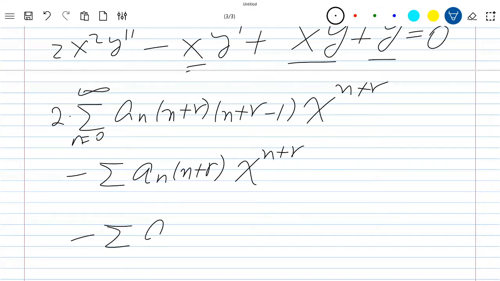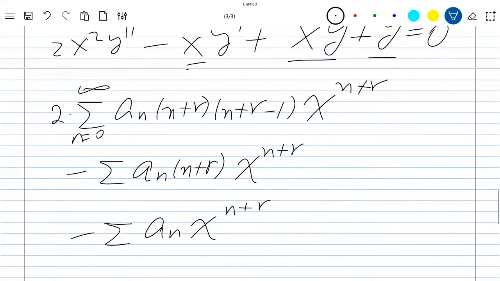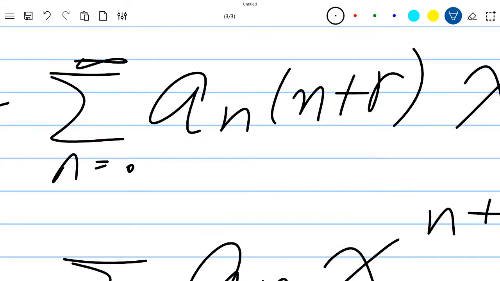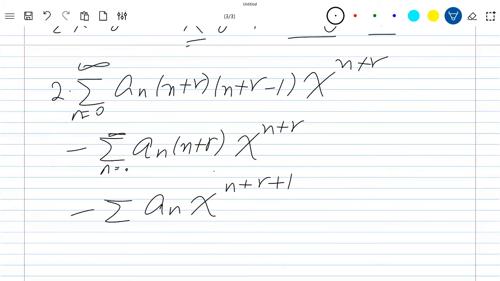And x y would have an x to the n plus r times x, right? We have that. Well, you need to do something to that because this is plus 1, right? So how do you do the shift? You replace n by n minus 1.